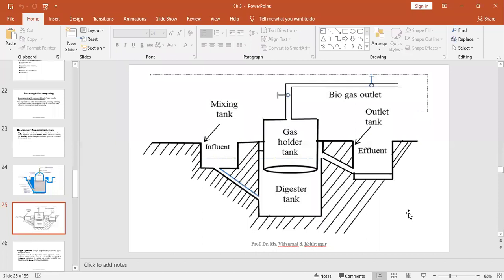Completed diagram. Have you completed the diagram or not? Someone please reply.